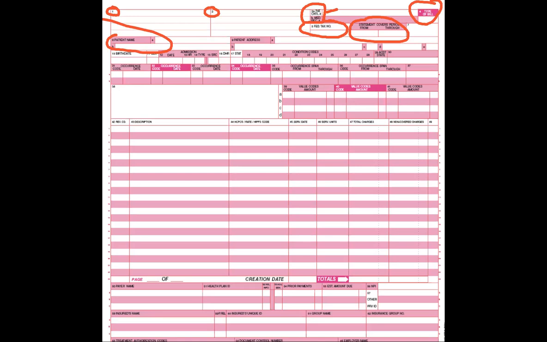And the rest of it is similar to what we saw on the other form, where you have different codes that are used. So let me share a different screen, because I want to show you part of a completed form, because I think it is better when you can see and hear the concepts.